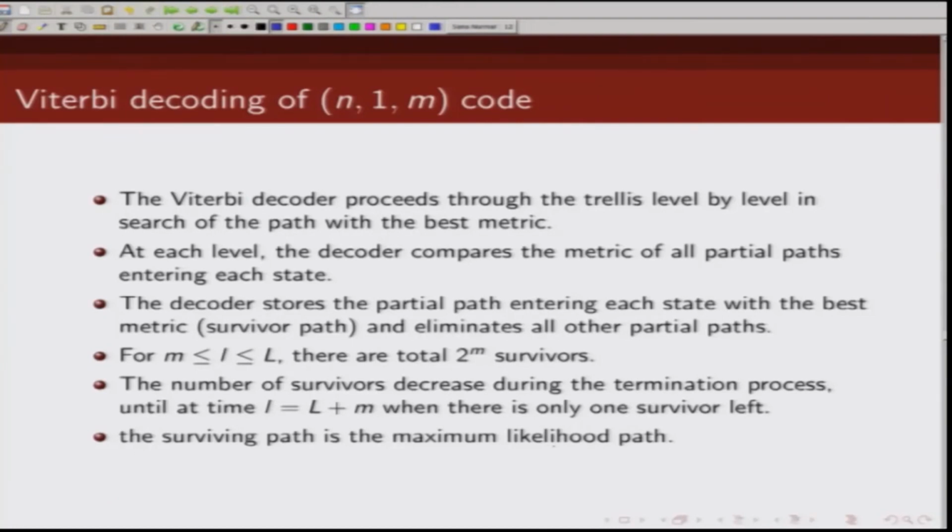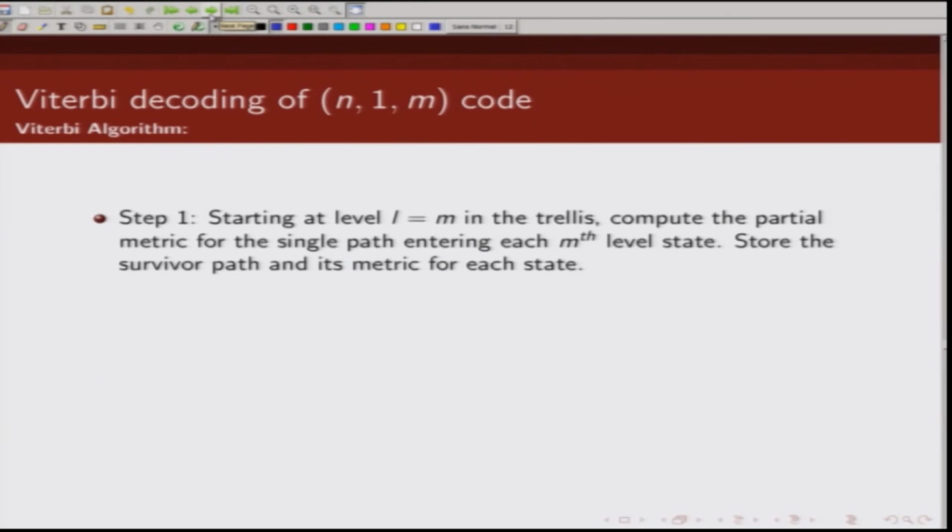That surviving path is our maximum likelihood decoded path, and we backtrack to recover the code bits and information bits corresponding to that path.